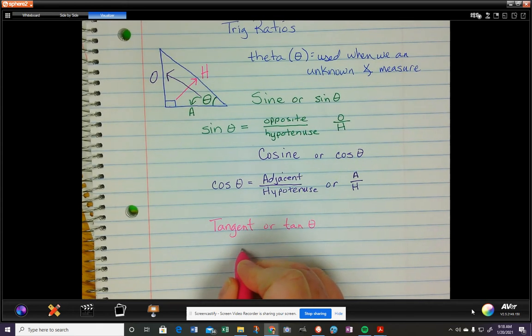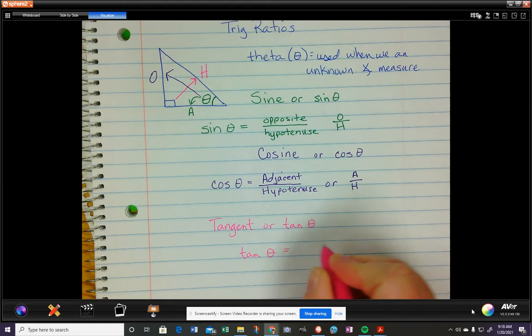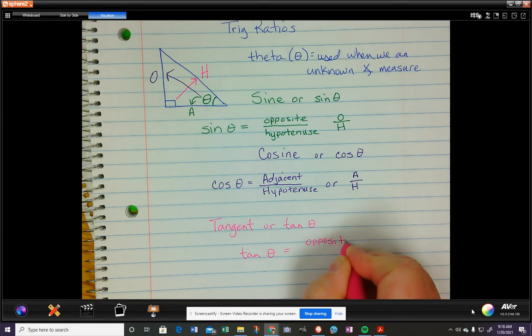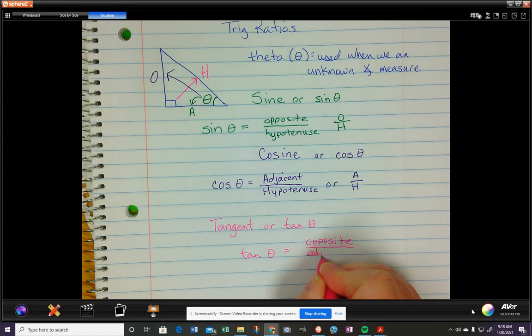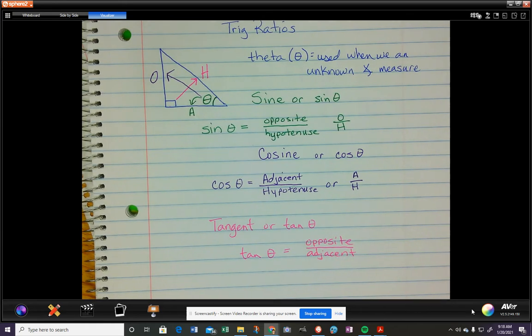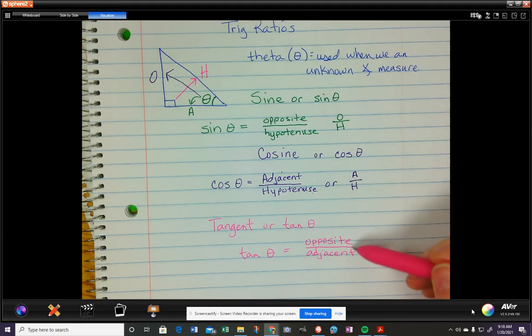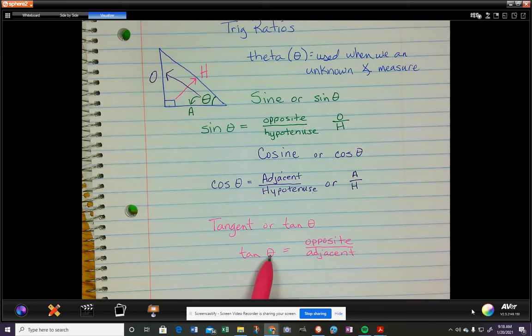And we write it as tan theta equals opposite over adjacent. Okay? Notice that two of them have the hypotenuse, and the third one does not. Right? And they're all related to the same angle. Okay?